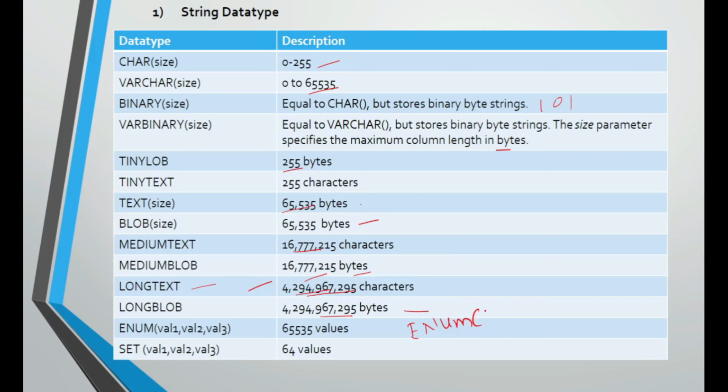So the first value will be male, the second value will be female. Whenever we enter male, it will take the value from this list, and whenever we enter a different value that does not match these values, it will enter a null value. So the column will be blank. So this is the use case for enum.